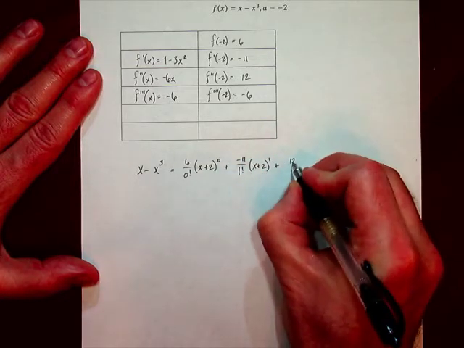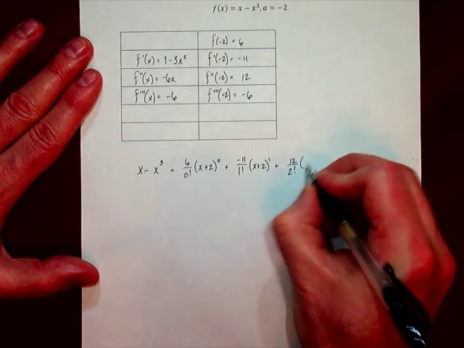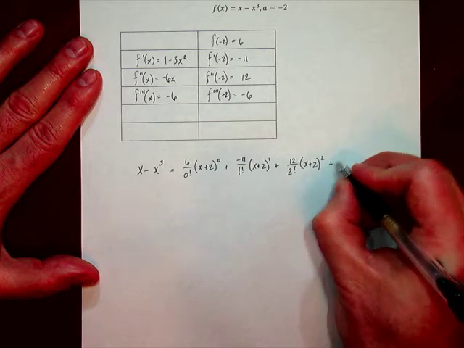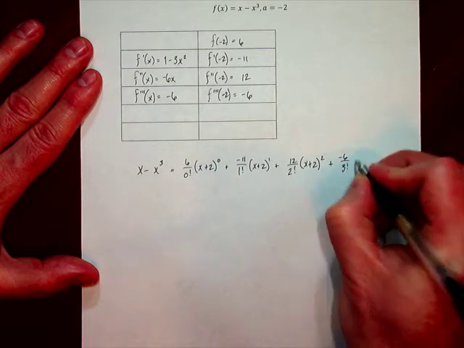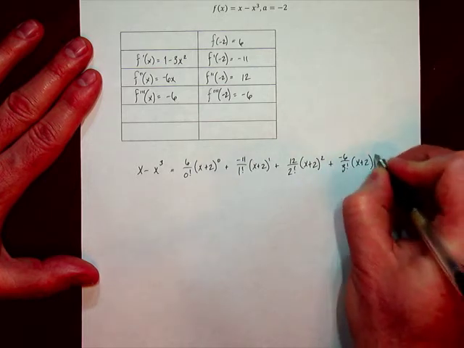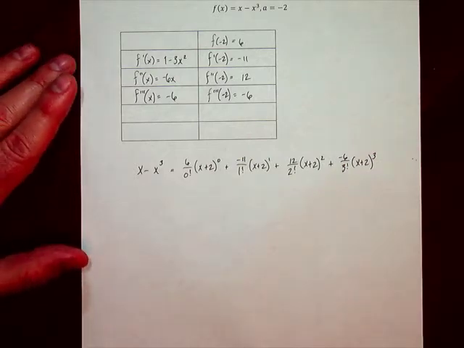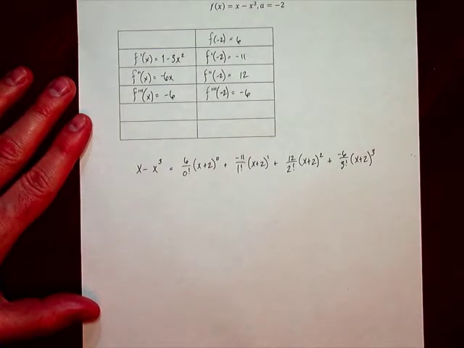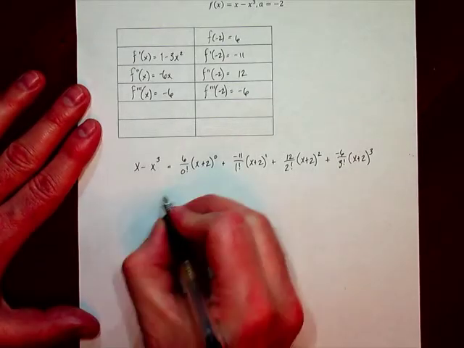And then 12 over 2 factorial, x plus 2 squared. And then plus a negative 6 over 3 factorial, x plus 2 cubed. And like I said, after that, all of the derivatives, so all the numerators of those coefficient expressions, are going to be 0. Okay, well, let's see whether this actually is equivalent to the original.